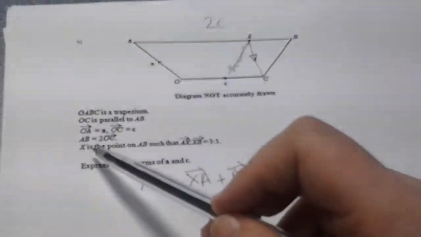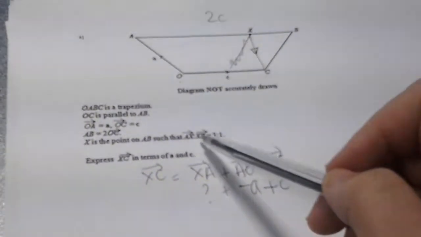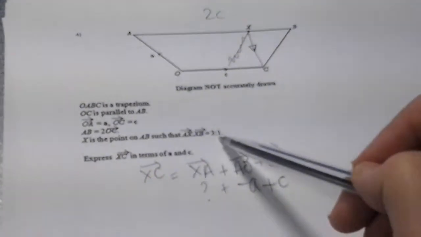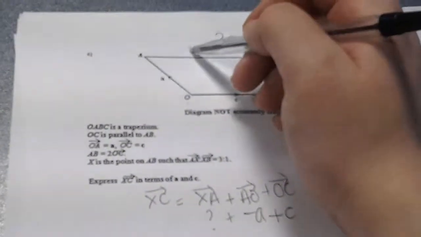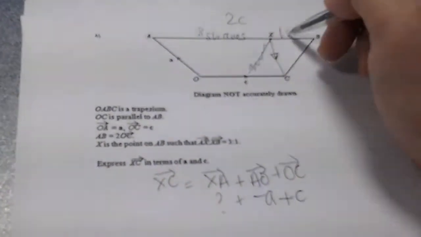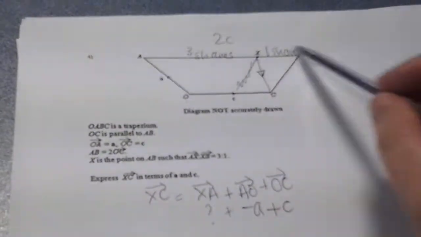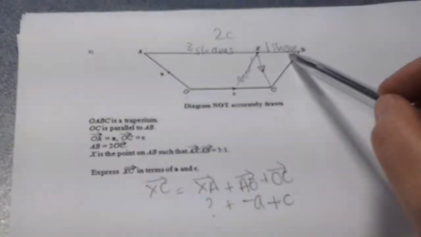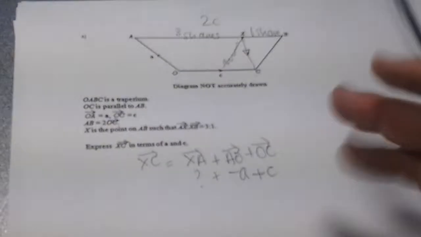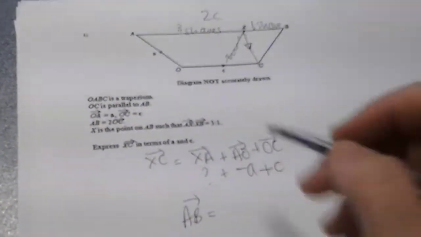The next thing says X is the point on AB such that AX to XB is 3 to 1. So where this side is 3 shares, this side is 1 share. That means that there are 4 shares altogether. So, I know that AB is 2C.